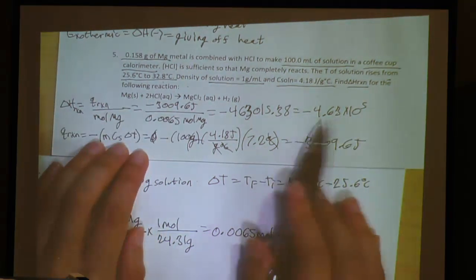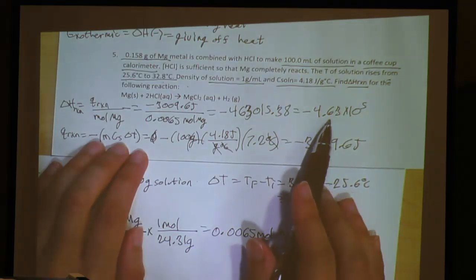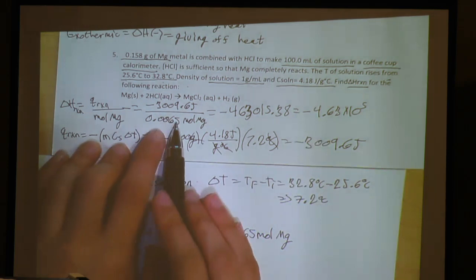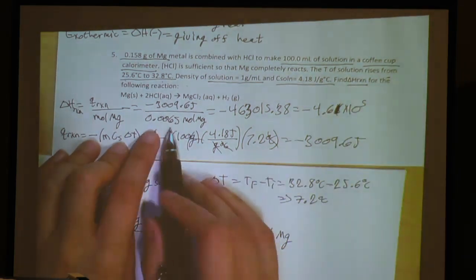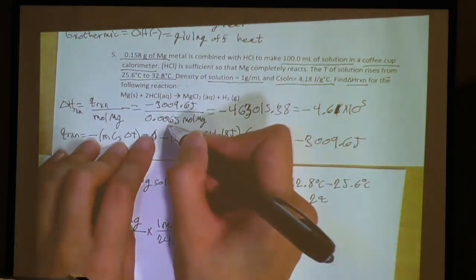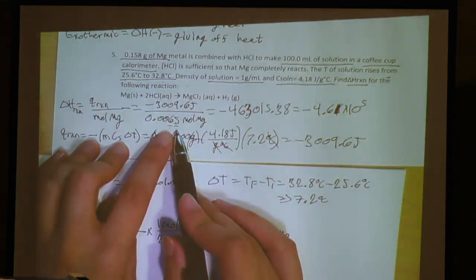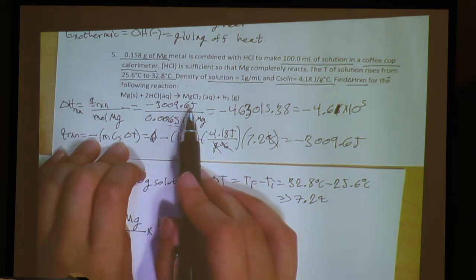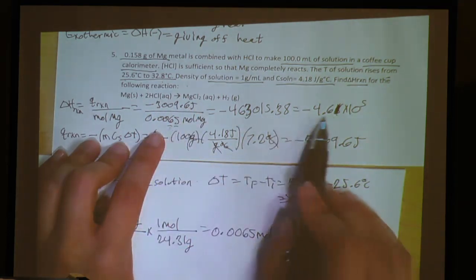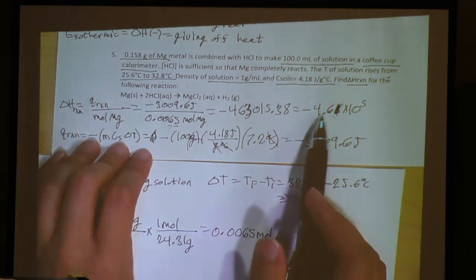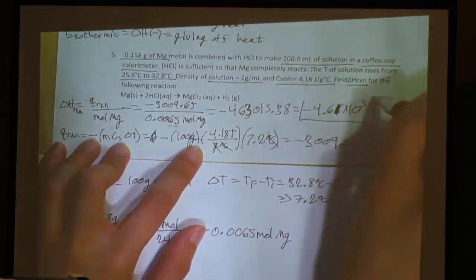Why did I round it to 3? Well, actually it's 2, right? So it should be negative 4.6, because of our sig figs. Over here we have 2 sig figs, over here we have 5 sig figs, so we go by the lower one. Yeah? So we'll box that answer.